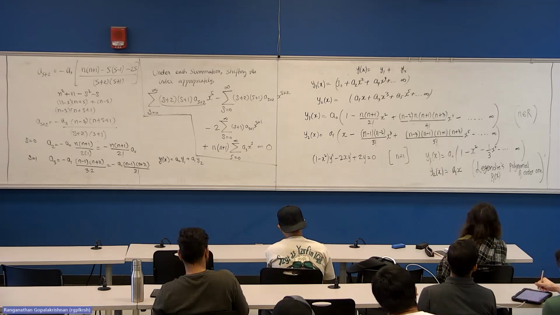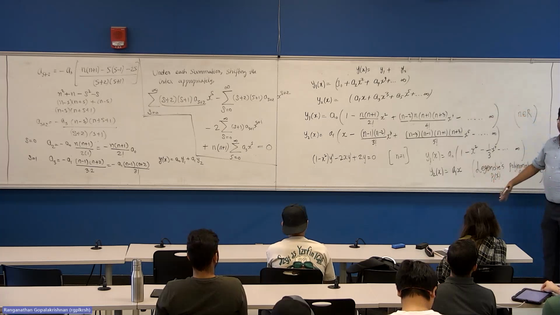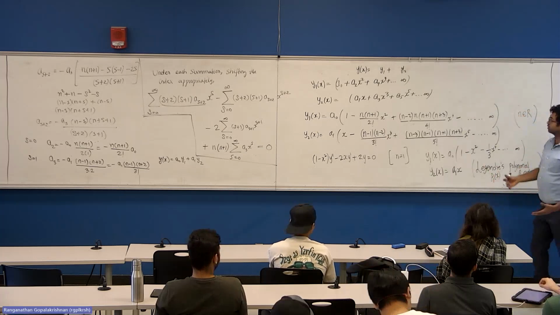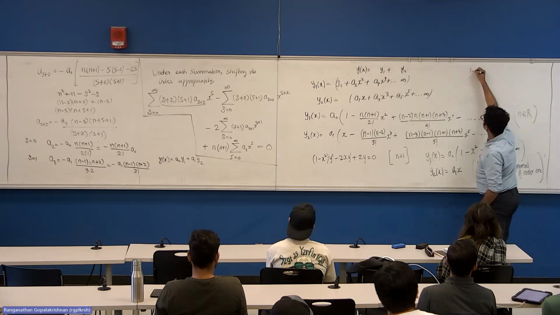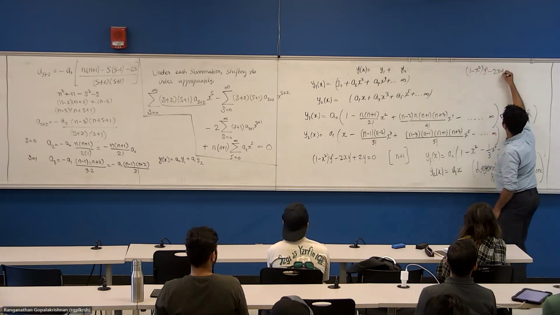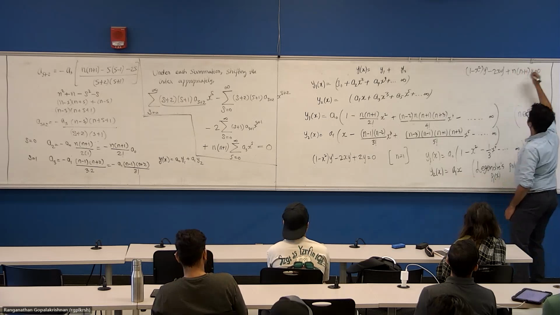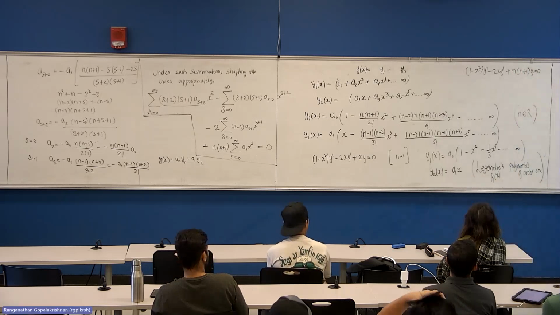If you are okay with going through this tedious process every time you encounter this equation, wherever you encounter this equation, this is the Legendre's equation with which we started.